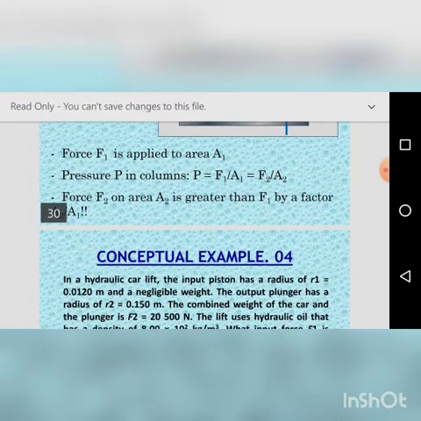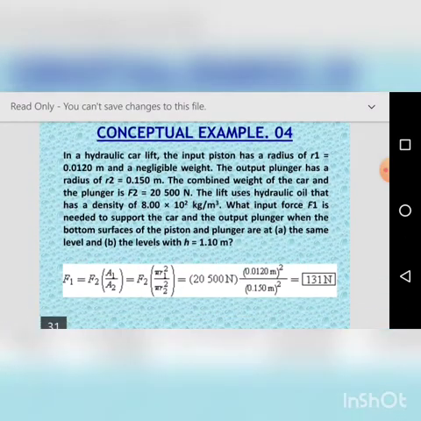Here you can solve a problem on a hydraulic car lift. I'll read the problem. In a hydraulic car lift, the input piston has a radius of R1 equal to 0.012 meter and negligible weight. The output flanger has a radius of R2 equal to 0.15 meter.